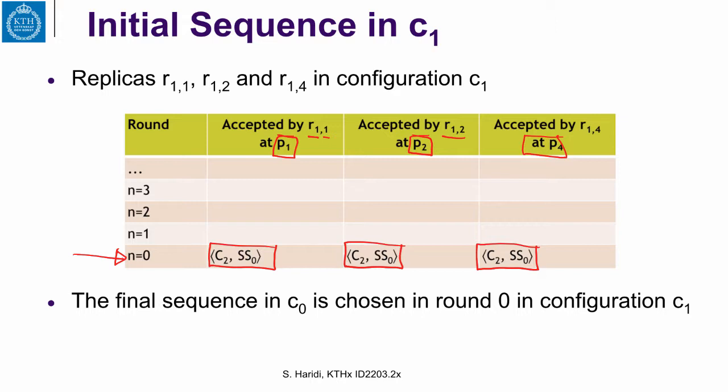This example continues the previous example, and here you can see something interesting, which is that we are now running process P4 instead of process P3. So it means in this configuration we removed P3 and added P4.